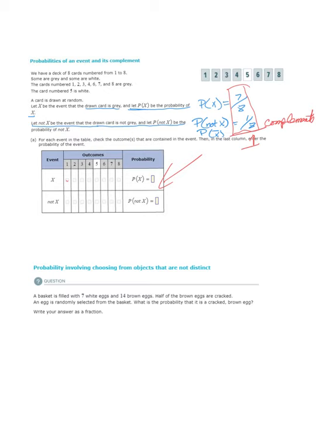Let's look at a little bit more difficult problem. It says a basket is filled with 7 white eggs, 14 brown eggs. That means there are 21 eggs in this basket. Half of the brown eggs are cracked. That means I have 7 cracked brown eggs.